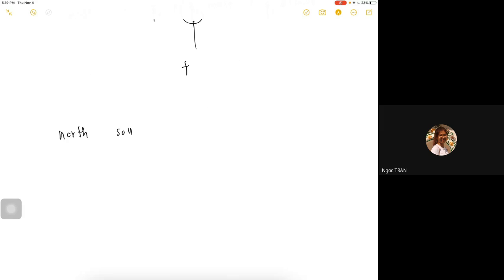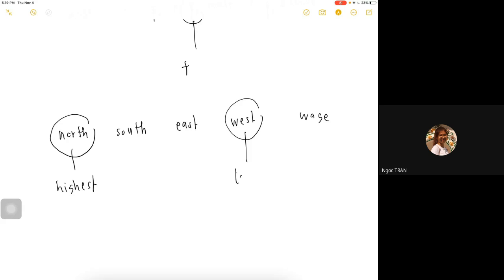Or maybe like north, south, east, west, and you think about west. You might think, okay, people living in the north are more likely to have the highest weight, and in the west will get the lowest one, for example.